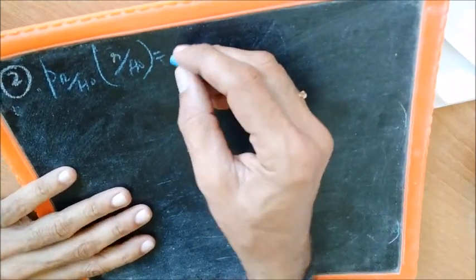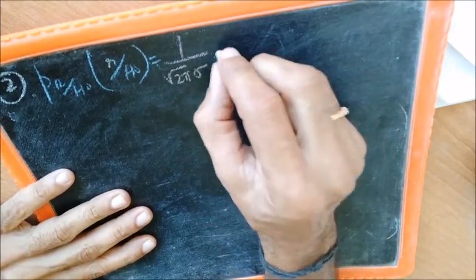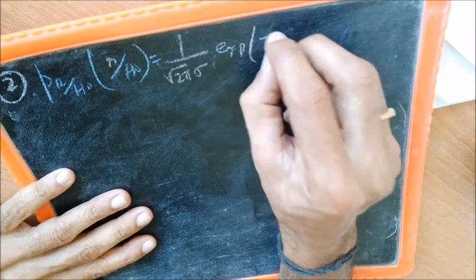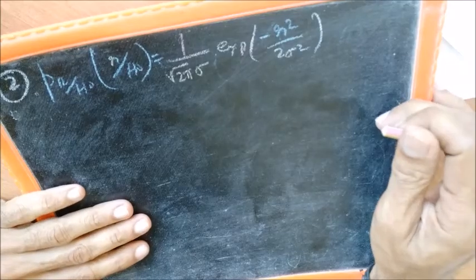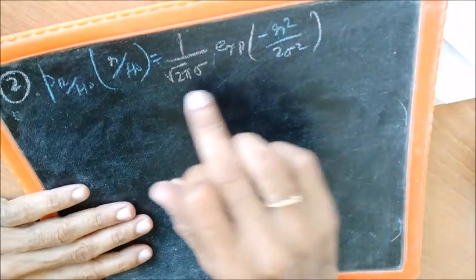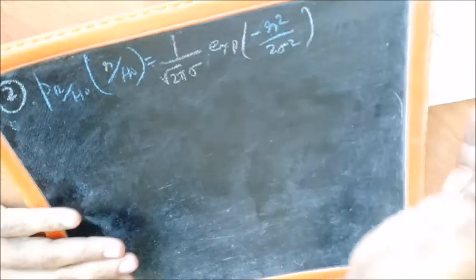PR given H0 is equal to 1 by root of 2 pi sigma, e power minus r square by 2 sigma square. A zero mean normal distribution, Gaussian distribution with variance sigma square.